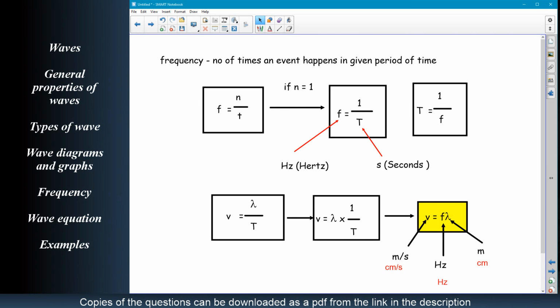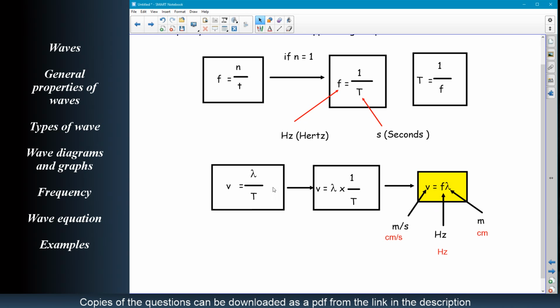Oh, so wait, sir, can you repeat the fact about the two things that mean the same thing? So this thing here, the lambda over t and the lambda times 1 over t, is that what we're after? Okay, Ashton, is that what you're after on that one? So if I divide by t, think about if I divide something by 2, that's the same as multiplying by a half, isn't it?